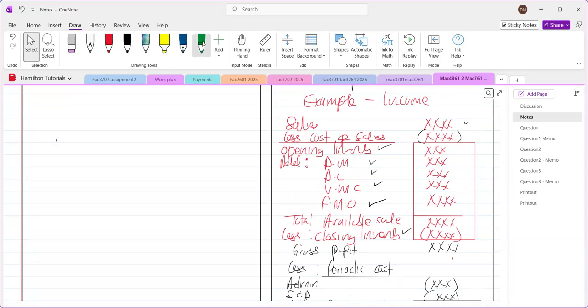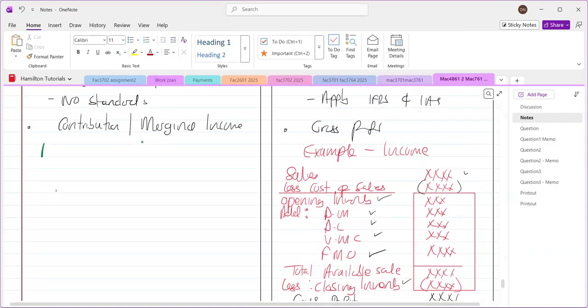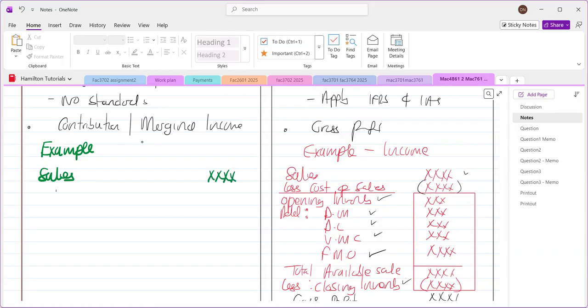Right, we also have the direct method here. So I'll give the example there. Sales will always be calculated the same way. It will give you the same amount. Then you say less, this time variable cost of sales.